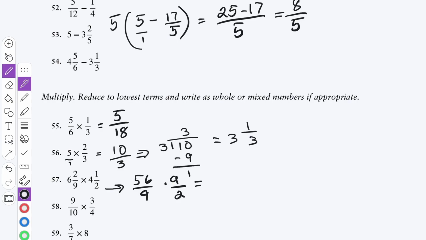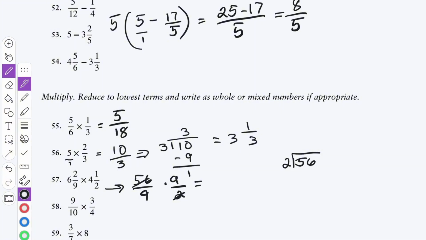So I can reduce, right, 56 and 2 to, what is half of 56? Let's just, I'm going to do it by hand because it doesn't come to mind automatically. I know 27, I think it's 28.